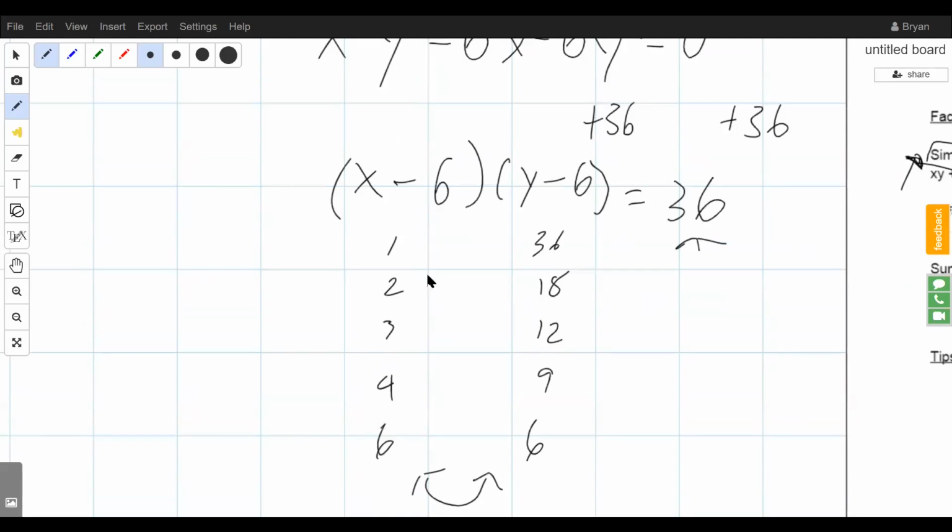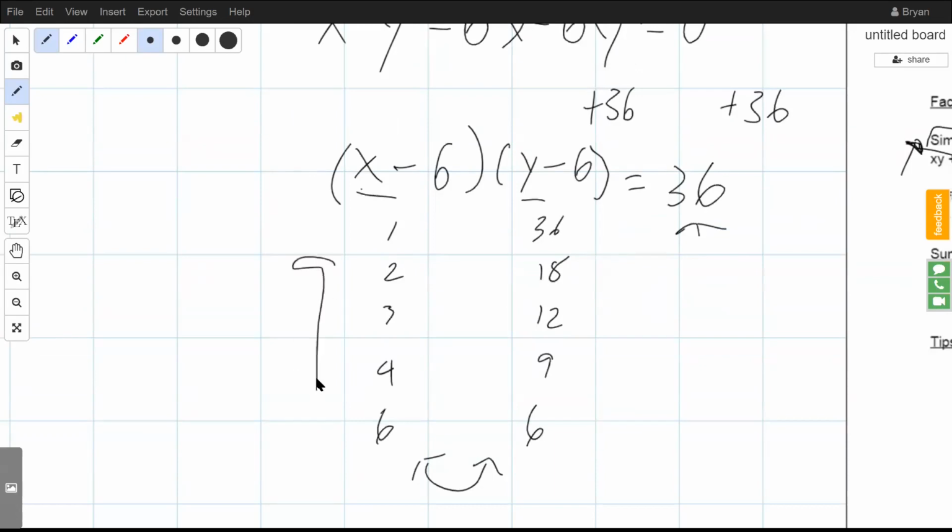So basically, why can we do this? Well, we're really just taking advantage of the fact that these have to be integers, so we can just list out possible values. If we were given that x and y were real numbers or rational numbers, I'm not really sure if this problem would have a finite number of solutions. So this is why we work with integers.